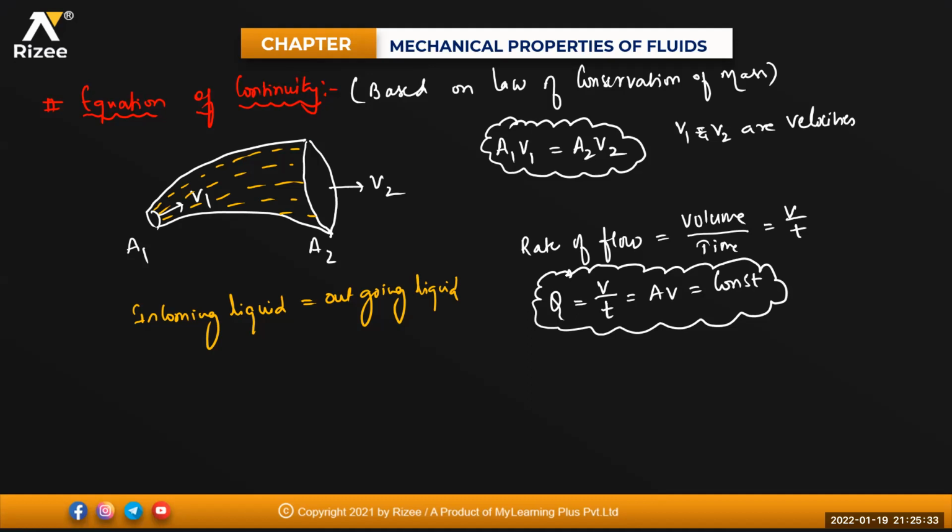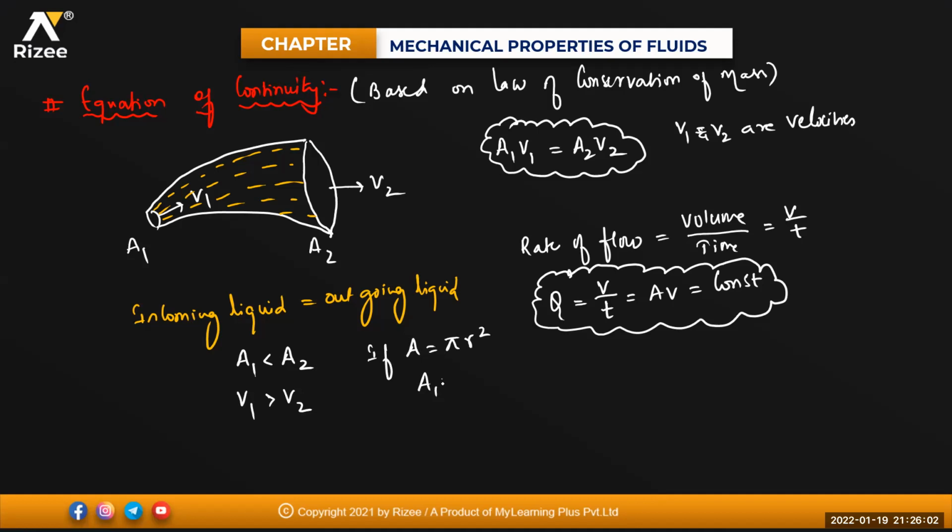Now tell me whose area is more, beta, in this one? A1 is lesser than A2. Clear? If A1 is lesser than A2, then V1 will be greater than V2. Lesser the area, more will be the velocity. If area is given in terms of radius, A is equal to pi R square.